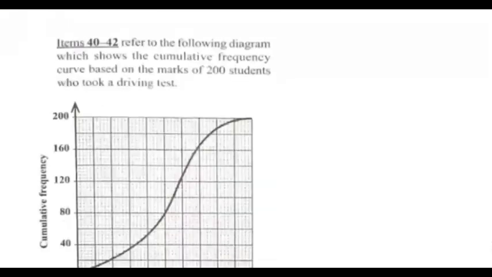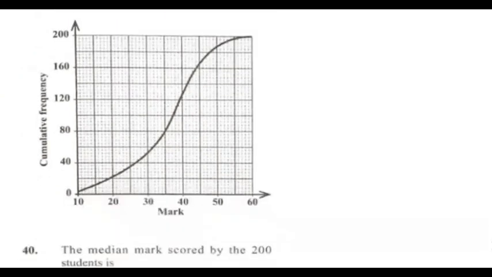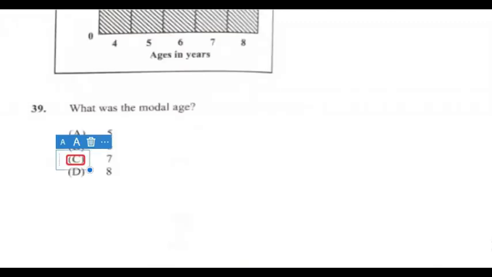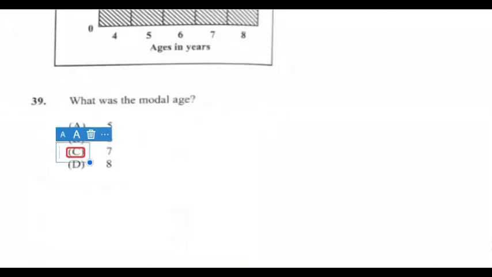40 refers to the following diagram, which shows the cumulative frequency curve based on the marks of 200 students who took a driving test. The median mark scored by the 200 students is, so remember, the median would be the one that is directly in the middle. Half of 200 is 100, so therefore 100 is at this point, and we need to extrapolate.